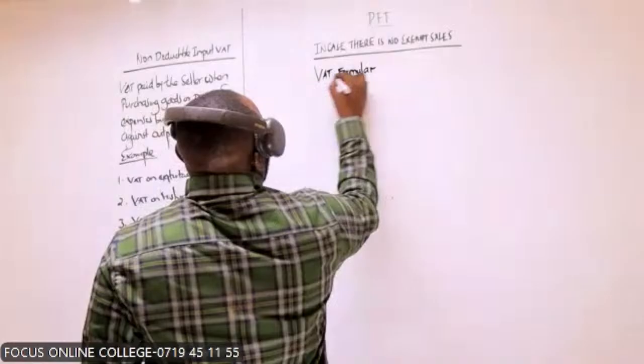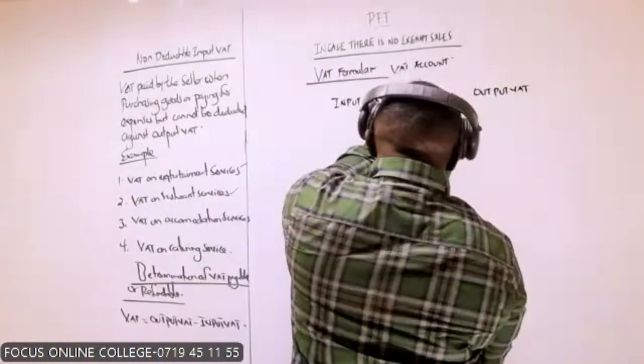Then on this side, I will have output VAT. So understand that when I talk about input VAT, this is VAT on purchases and expenses together.